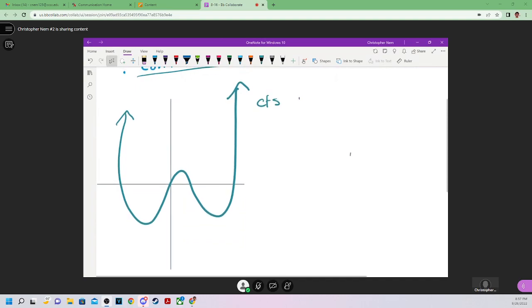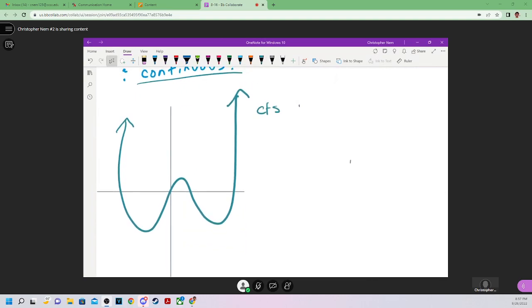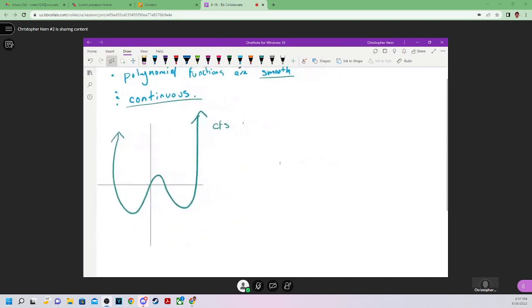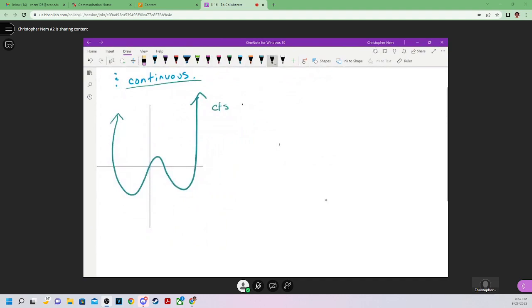That means if I were to draw from left to right, I am not letting go of my pen or marker. They don't have any breaks. So, what's an example of one that's not continuous? The polynomial function must be continuous and smooth. However, if I were to draw, let's say, this right here.